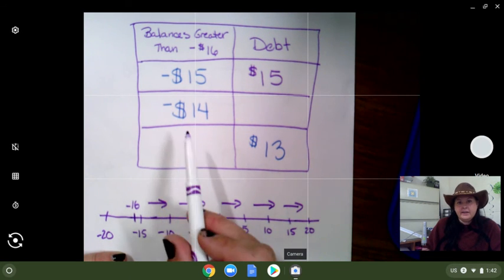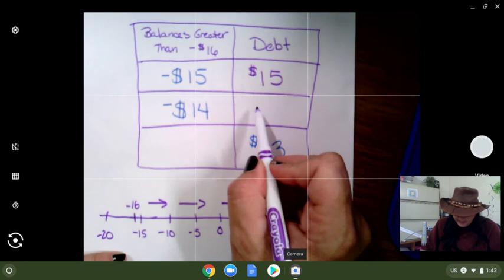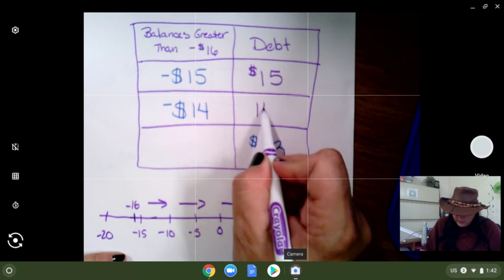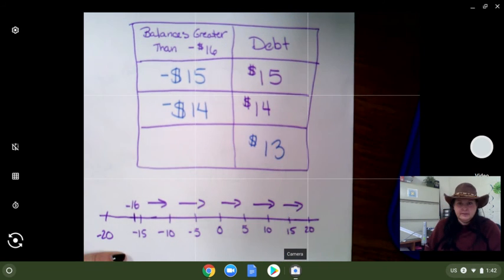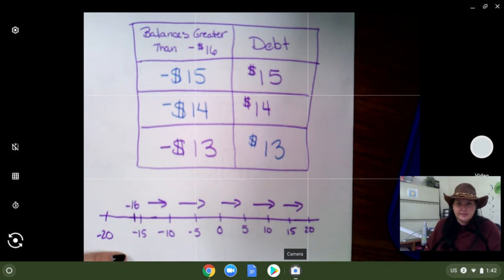If we had a negative 14, our debt would be $14 in debt. If you owe someone $14, you're $14 in debt. If our debt was $13, that would mean we had a negative $13.